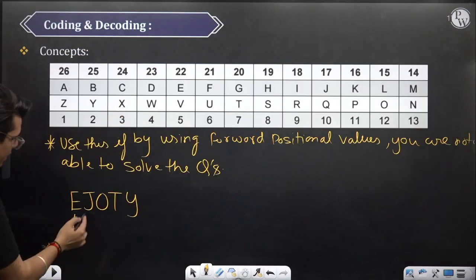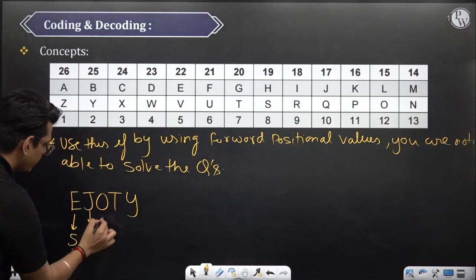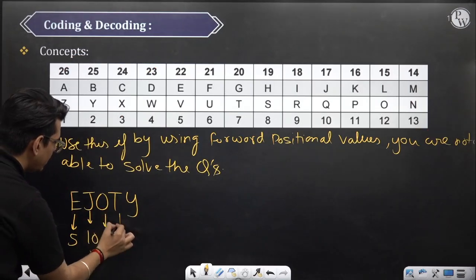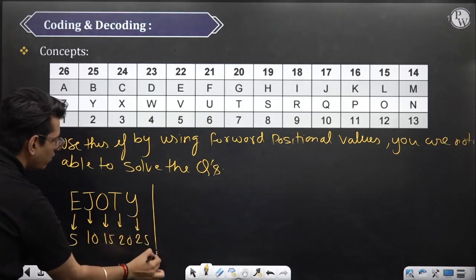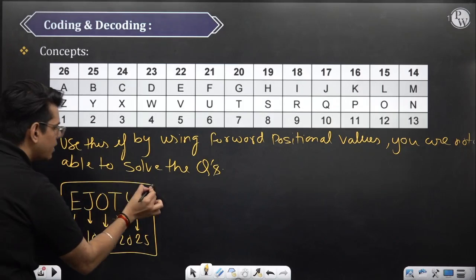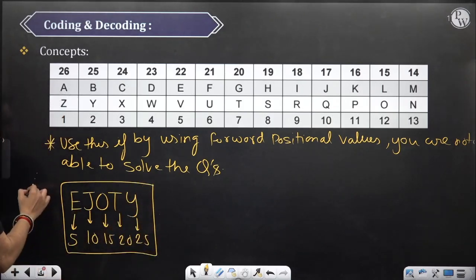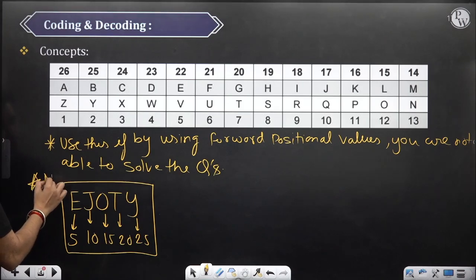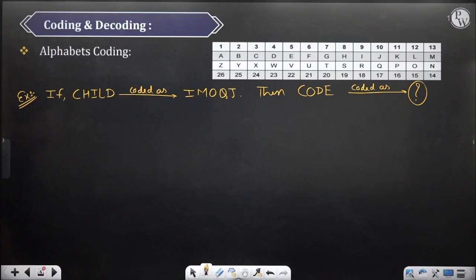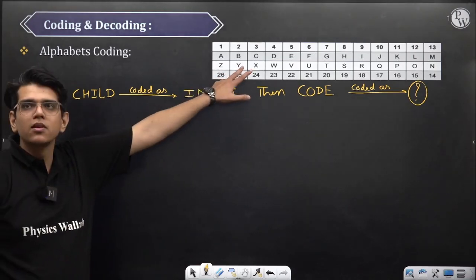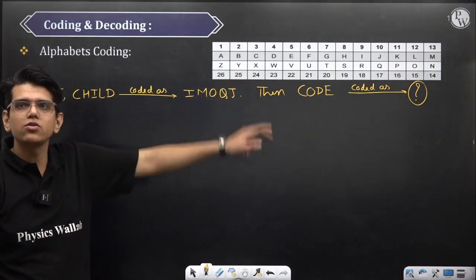Similarly, J is at 10, O is at 15, T is at 20 and Y is at 25. So if you don't want to make the whole table, you can remember this. This can help you while solving the problems. But I would recommend that for these types of questions, every time, see the table and then try to solve the question.